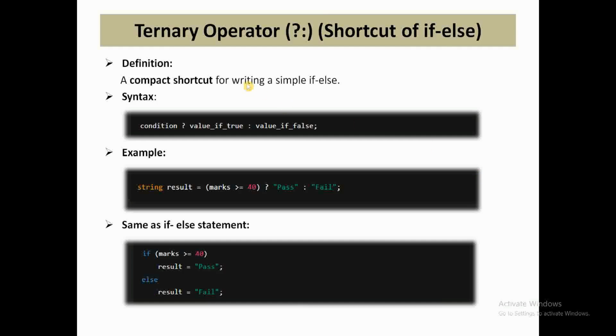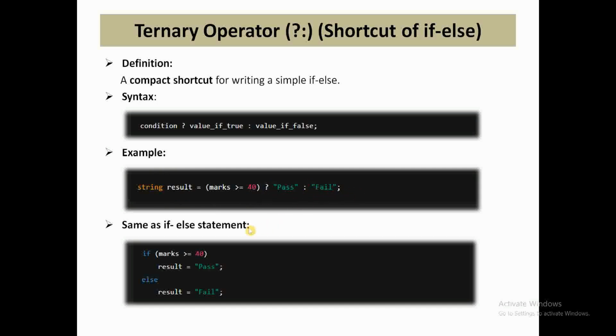Next one we have is the ternary operator, that is a shortcut for if else statements, a compact version you can say. We can write the code in one line rather than using if else conditions in 4 or 5 lines. Its syntax is simple: condition, then a question mark, then the first value for true, otherwise false. This is the syntax of the ternary operator. And here we have an example: marks greater than or equal to 40, pass or fail.